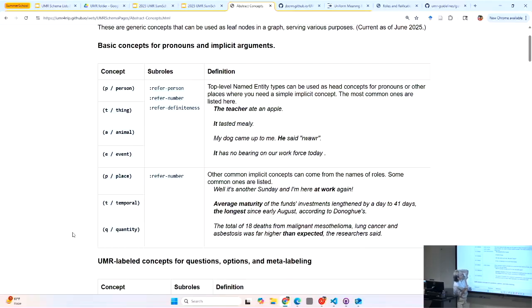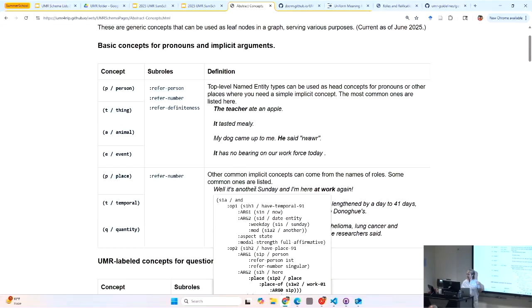But anyway, if you want to add a node into your graph for an implicit argument, you can use concepts from the named entity hierarchy. You can also use concepts that are like the name of a role. I'm here at work again. Because we're talking about work as the location, it's useful to connect that back to the verb work and say it's the place where you work.